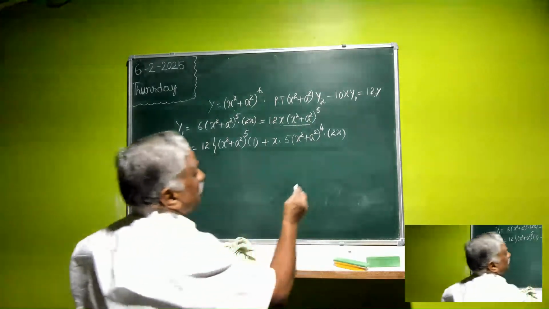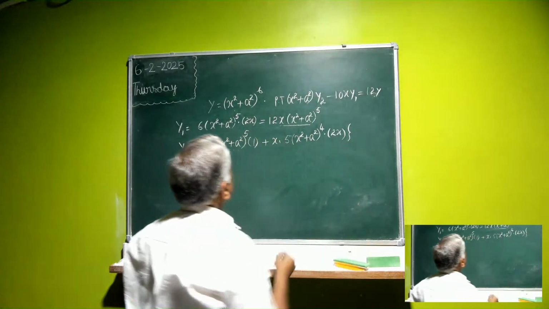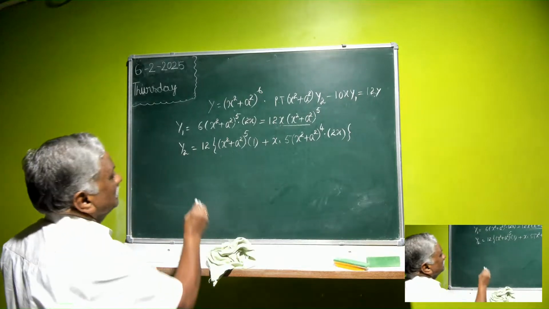This also we shall simplify. You have 12 outside.